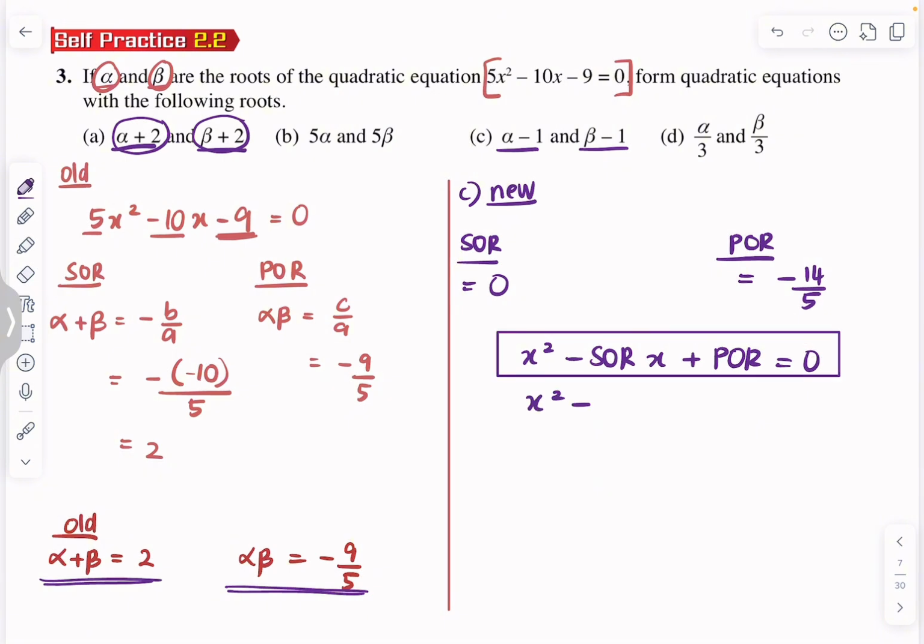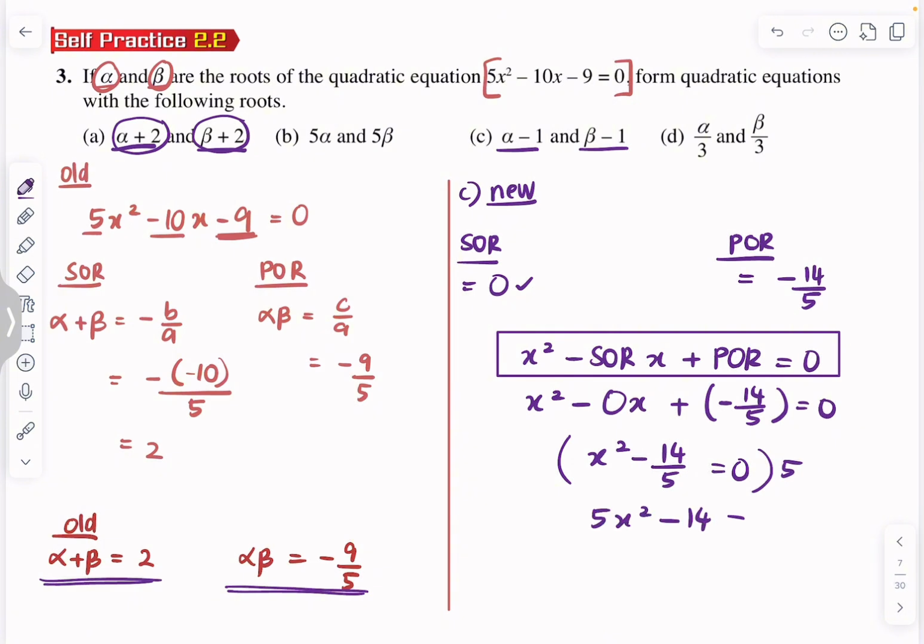So x squared minus 0, POR is negative 14 over 5. So you simplify this, you get x squared minus 14 over 5 equals 0. You get rid of the denominator by multiplying 5. So 5x squared minus 14 is 0. Okay, done.